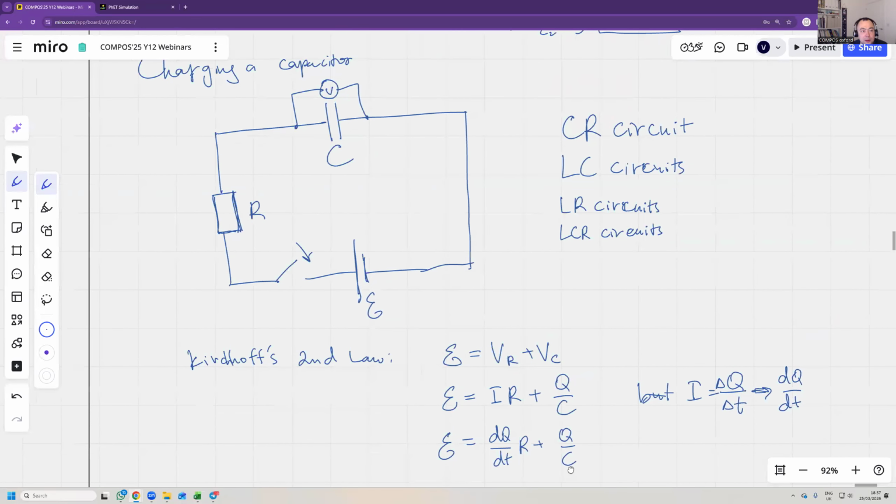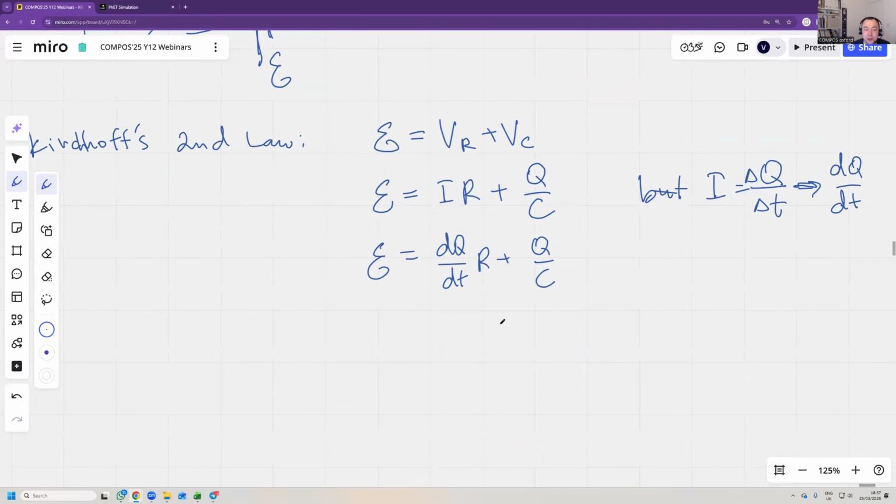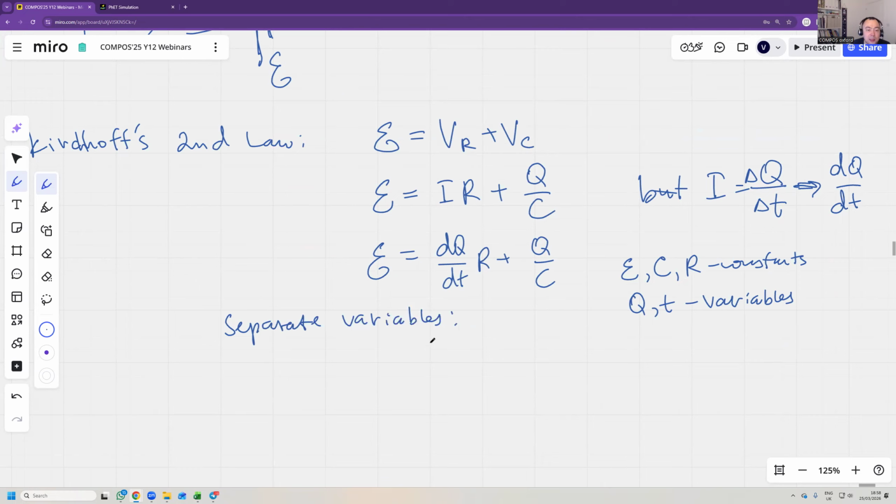Okay. And this is a differential equation. So EMF, C, and R are constants, and Q and T are variables. So we're going to separate the variables. So what can we do here?